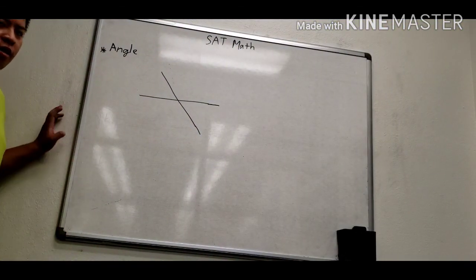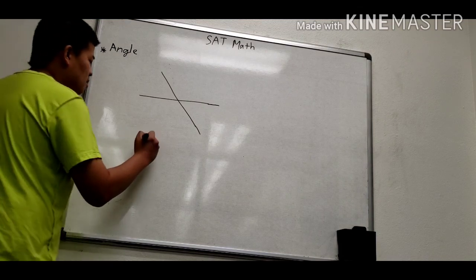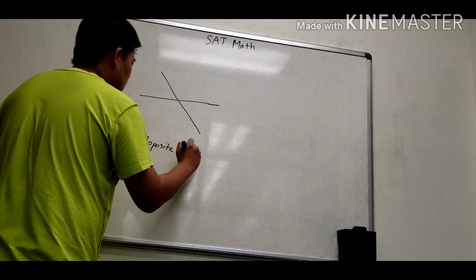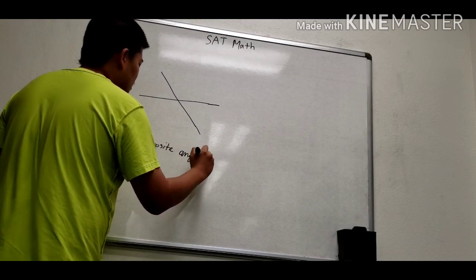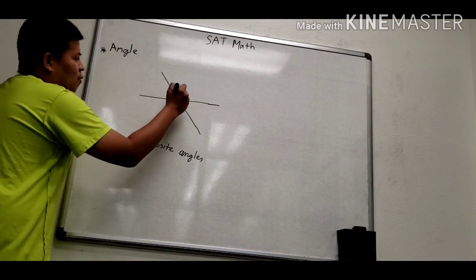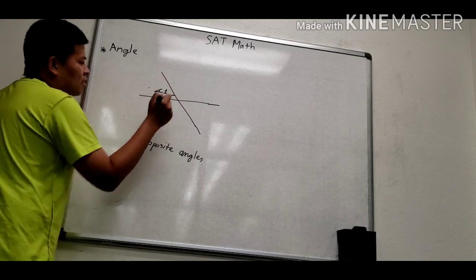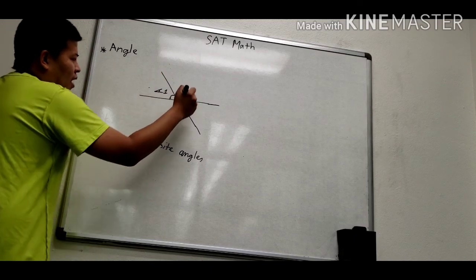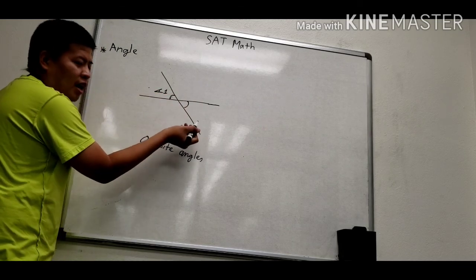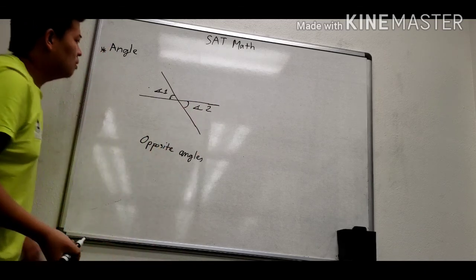The next one I will talk about is the opposite angle. For example, we have angle number 1 here, and the angle in the opposite area we call angle 2.